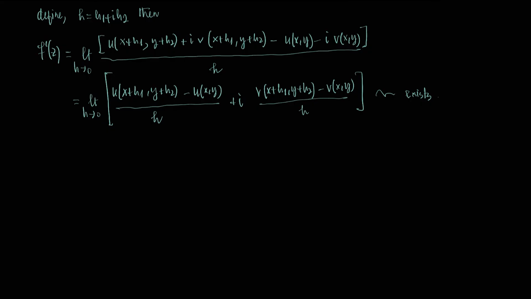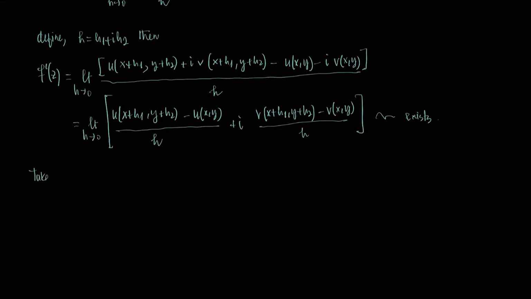Okay, so now what we do is take a path. Initially, first of all, I will take h2 to be 0 and h1 going towards 0. This is the path we are taking.